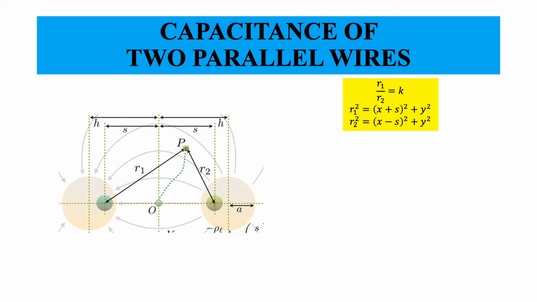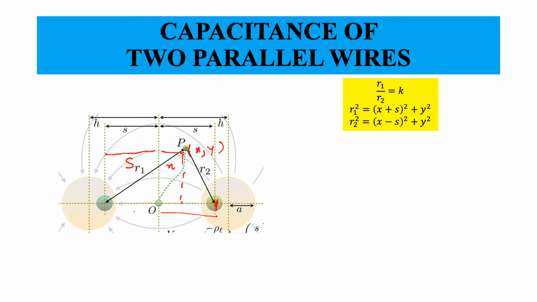R1 in terms of X: this is my S value and this is my X value because this point is (X, Y). So this will be X plus S and this will be X minus S if I am calculating with respect to this point. Then I apply the Pythagoras theorem.